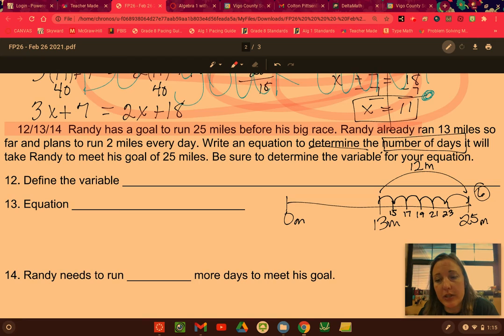And I demonstrated using a visual model to help me understand what's going on. That, if you are a visual person, this is a good place to start because then you can kind of decode what's happening here. So the first thing it says is define a variable.